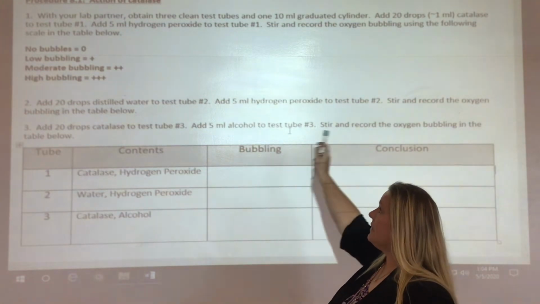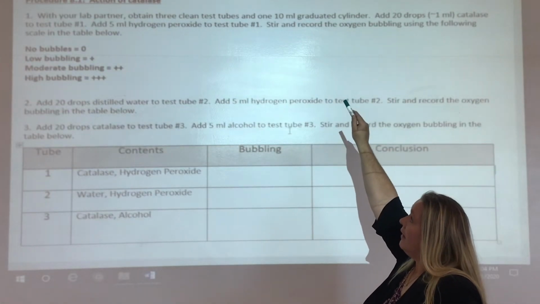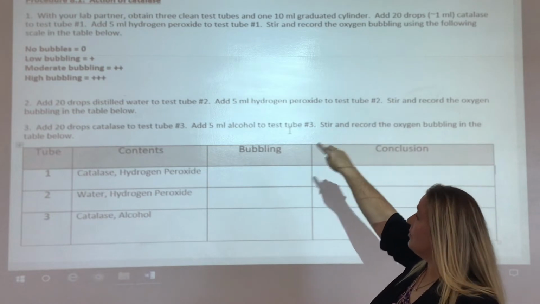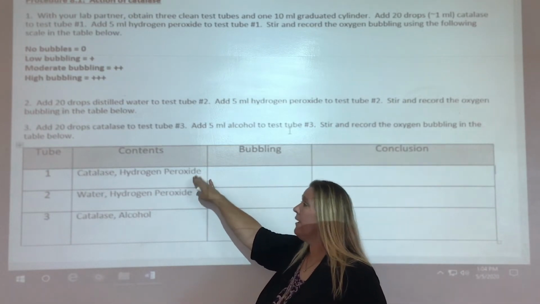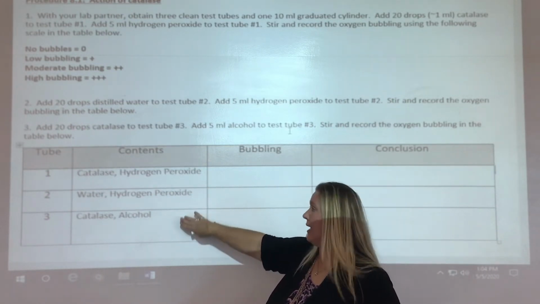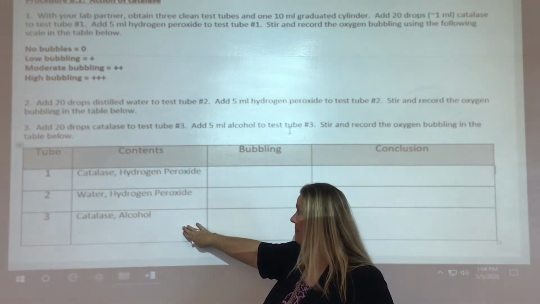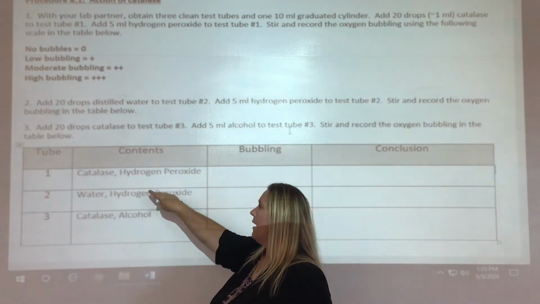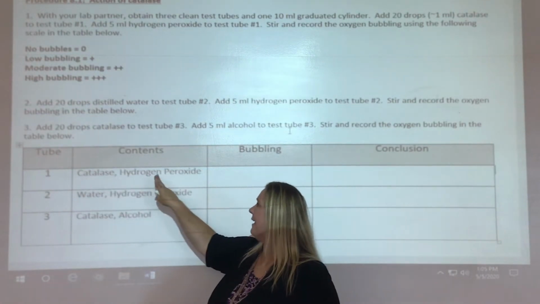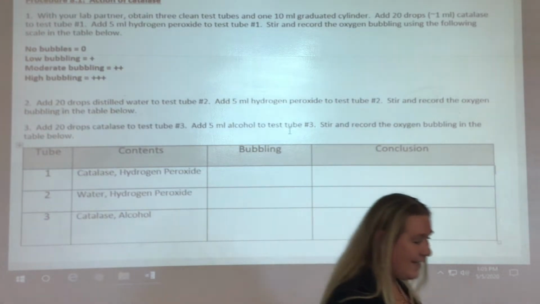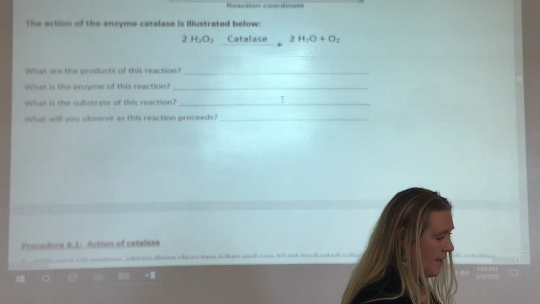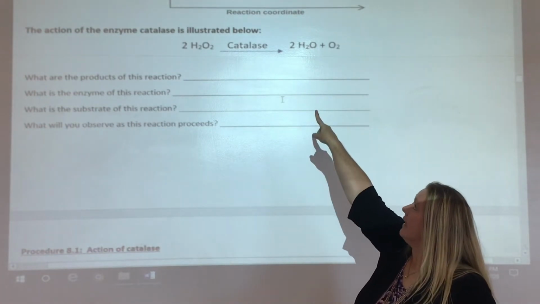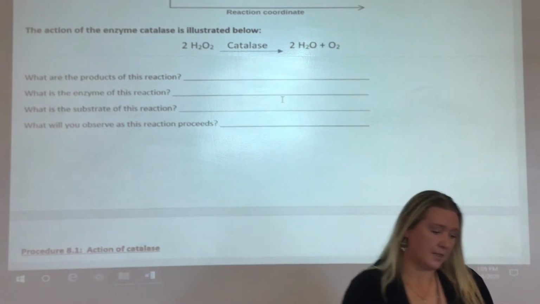So we're going to have 3 test tubes. In the first one, we're going to have catalase and hydrogen peroxide. In the next one, we're going to have water and hydrogen peroxide, and then catalase, the enzyme, and then an alcohol, ethanol. So the first one, we're going to have the enzyme and the hydrogen peroxide, exactly that reaction. The enzyme, catalase, and hydrogen peroxide.